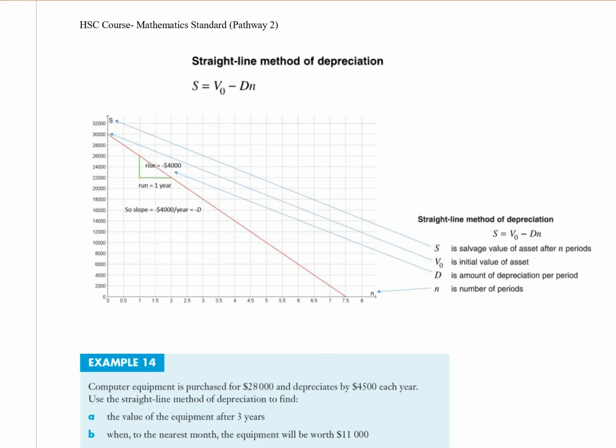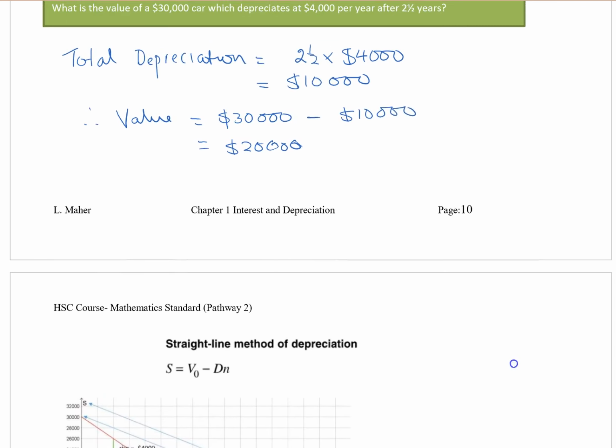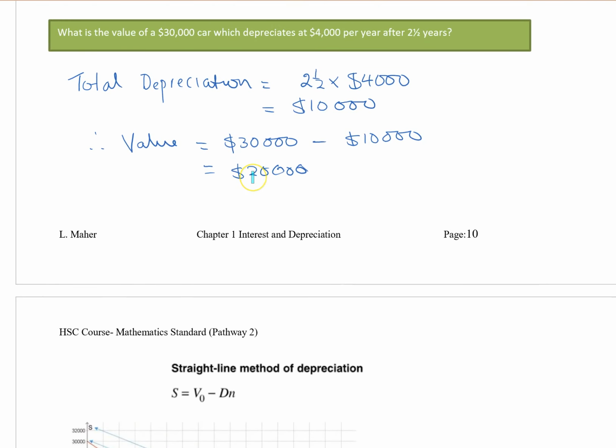If I go back to my situation where I worked out the value of this car to be $20,000 after the 2.5 years, I actually used now the formula, S equals V0 minus DN, and DN means D times N. So our salvage value, our value at a particular time, is the 30,000 minus the amount it's depreciating, D is the depreciation per year, times the N, which was 2.5.